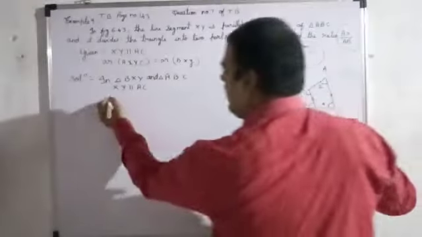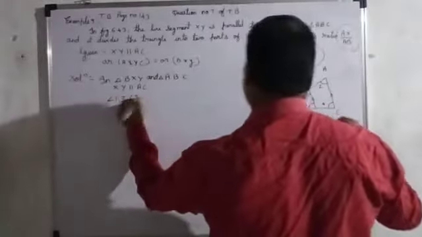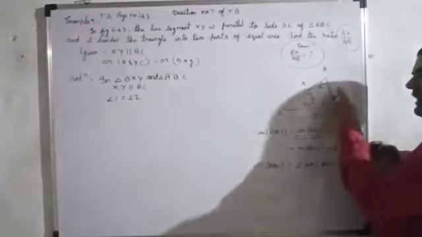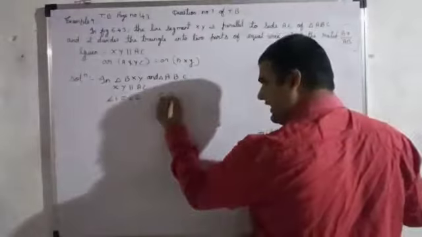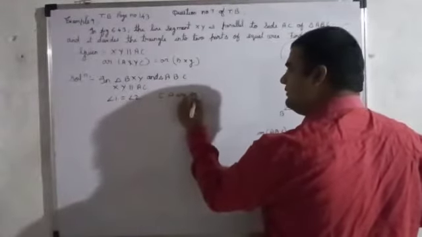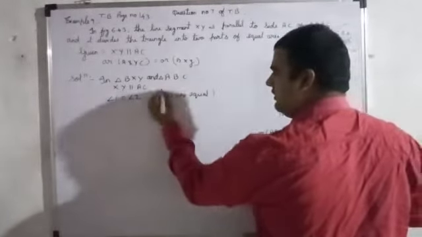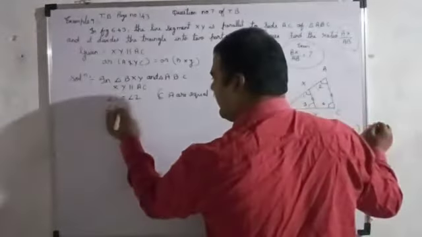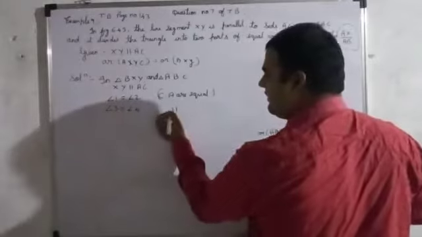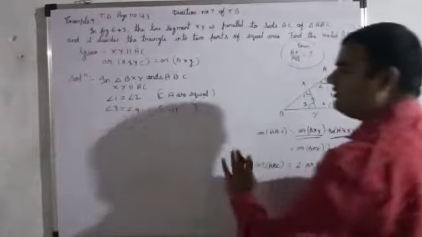So I can say angle 1 equals angle 2. All of you know if two lines are parallel, corresponding angles are equal. So here I am writing corresponding angles are equal. Next you can write angle 3 equals angle 4, same reason, corresponding angles are equal.